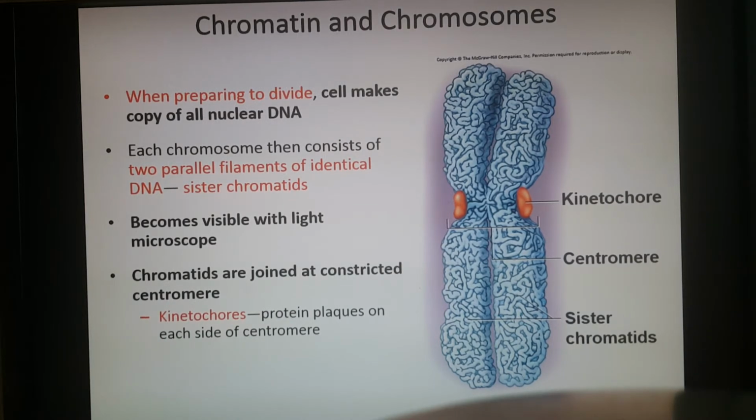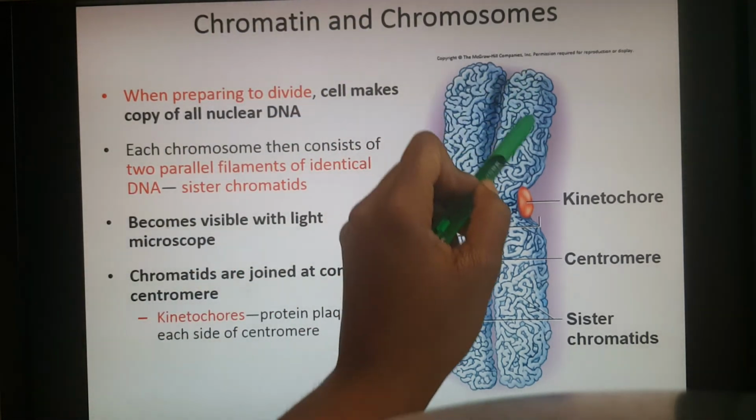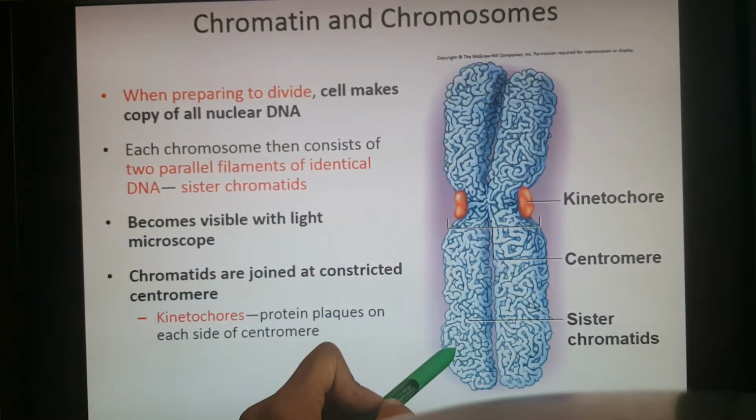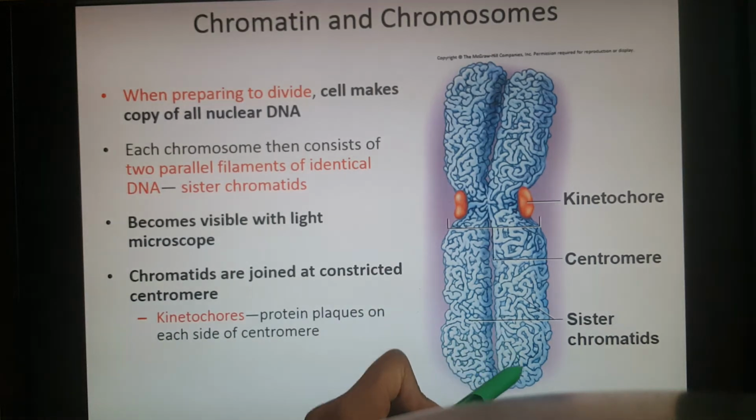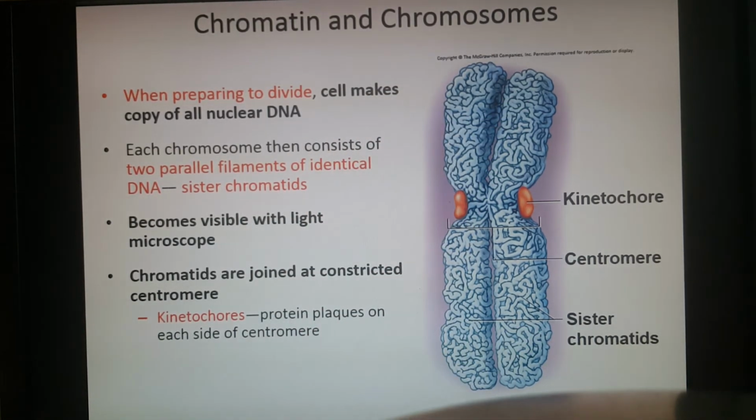After you've copied your DNA, you've packed it into your chromatids, one copy from one parent, one copy from the other parent. These are identical copies of the same set or chromosome of DNA.